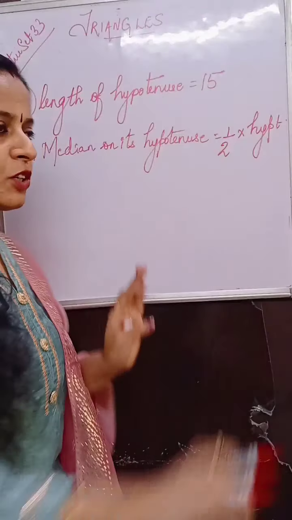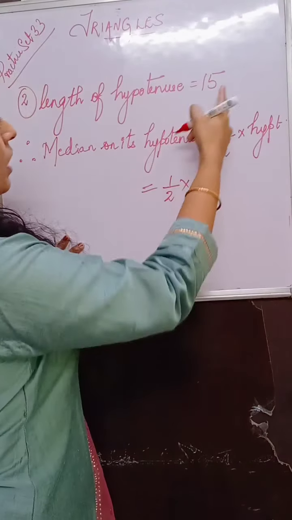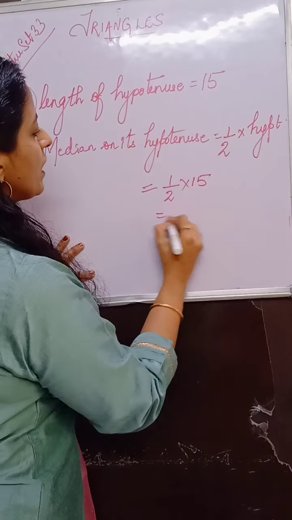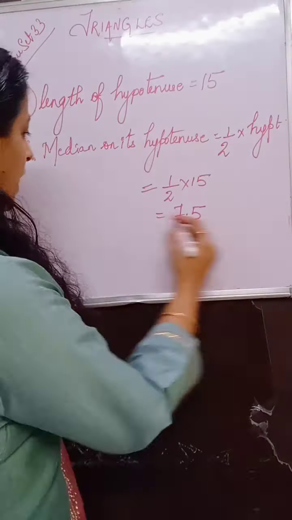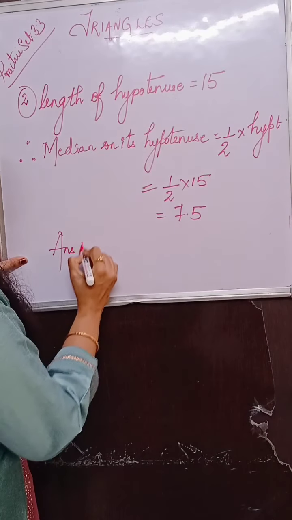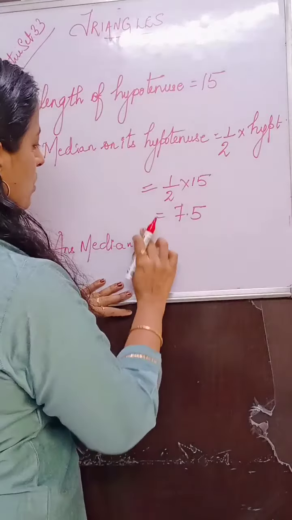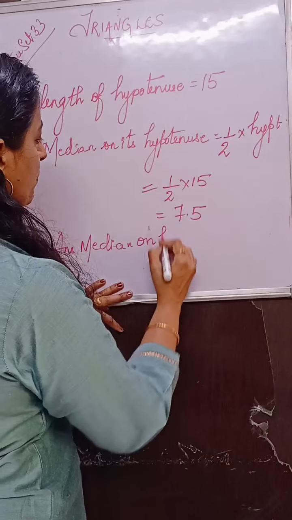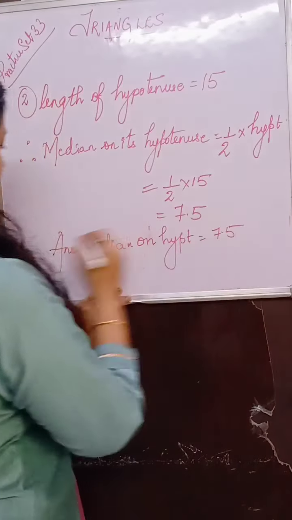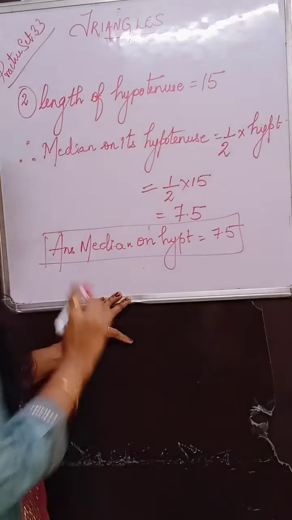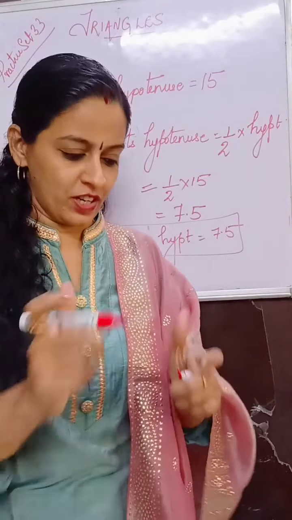Median drawn on the hypotenuse is half the hypotenuse, which is equal to half into the hypotenuse, given as 15. So the median on the hypotenuse will be 7.5 units. Final answer: median on hypotenuse is equal to 7.5. Highlight your answer. That's it. Okay, this I am going to ask for your exam for sure.